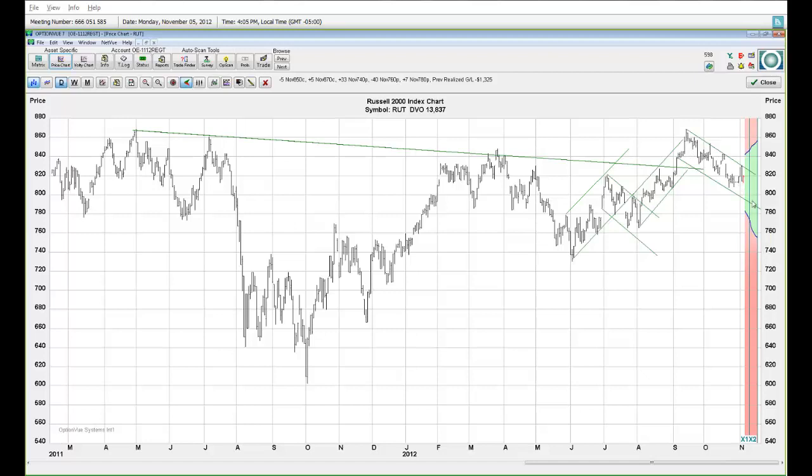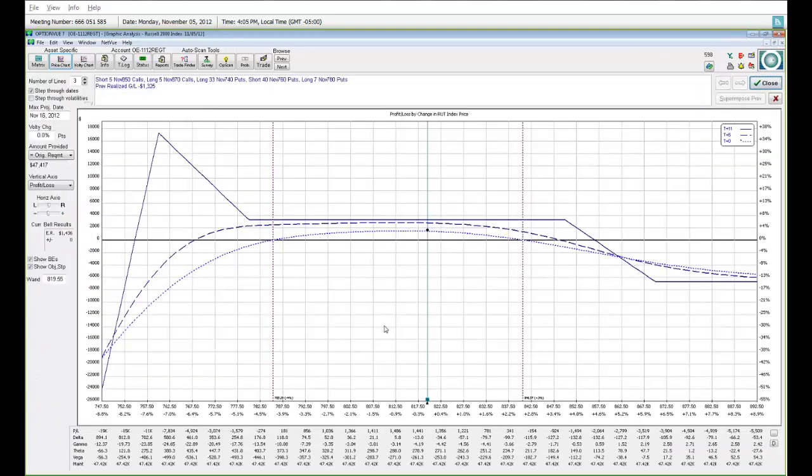Imagine turning this sideways. Here's what it is. As you move down to the left, that represents the price going down on that vertical axis. As you move up, it represents the price going up on the vertical axis.